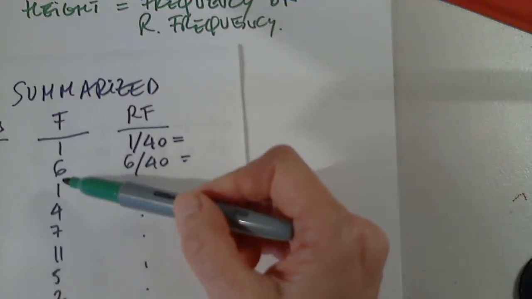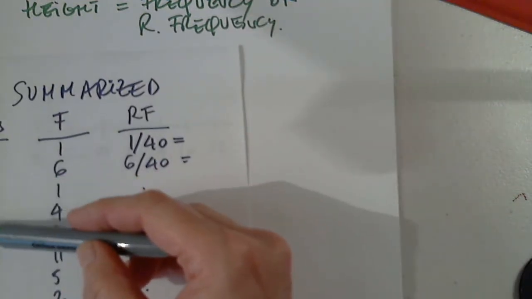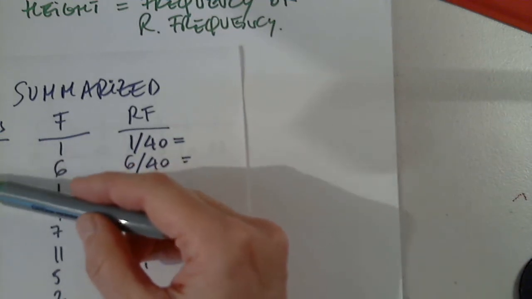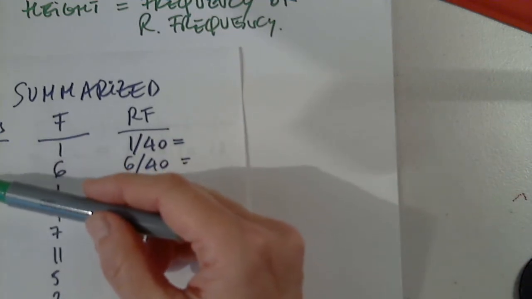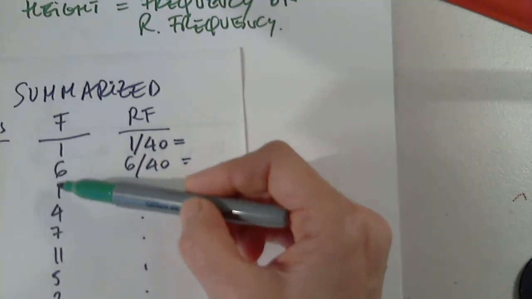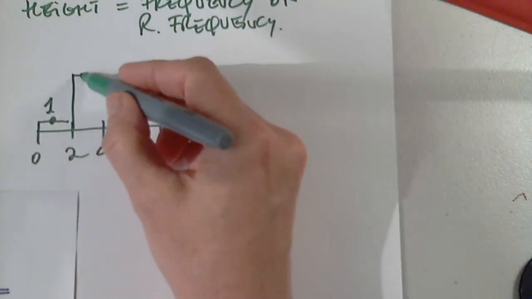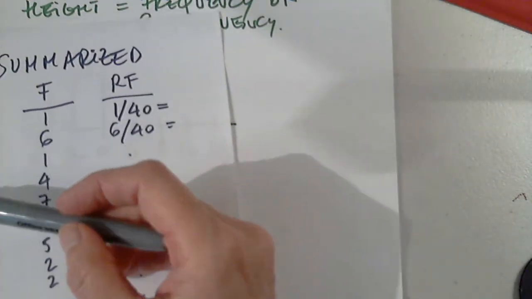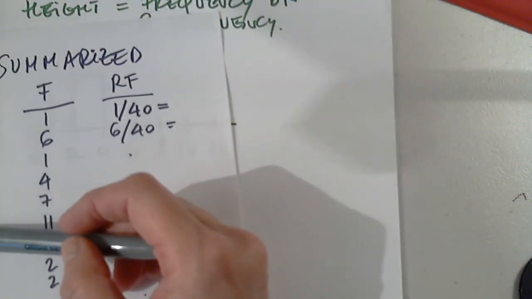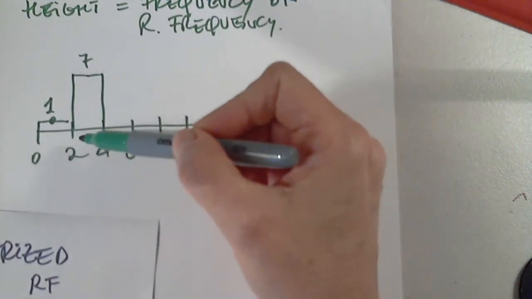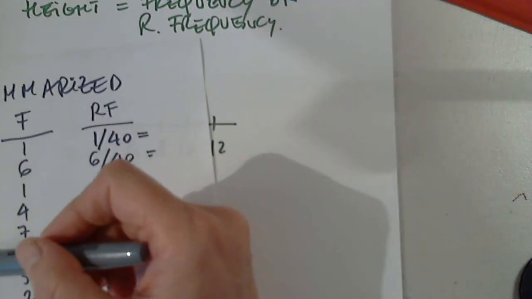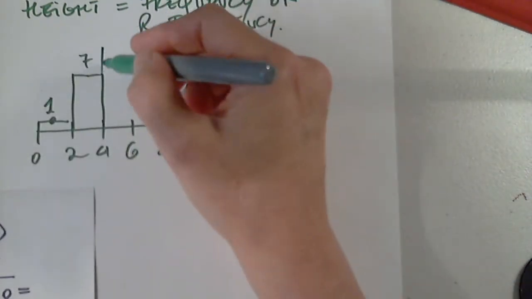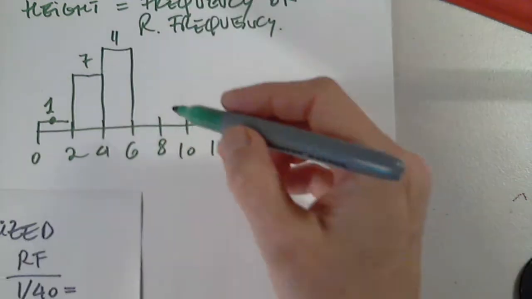Between 1 and 2, but not 2. Between 2 and 4, but not 4, 7. Between 4 and 6, but not 6, 11, and so on and so forth.